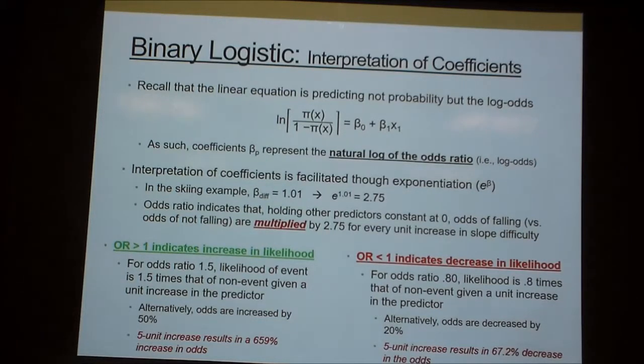So as you're going through, always ask literally what it means when all my variables are held constant at 0. In this case, it means people skiing on an easy trail in the spring. My intercept indicates the odds based on our model: the odds of falling versus not falling on an easy trail in the spring.